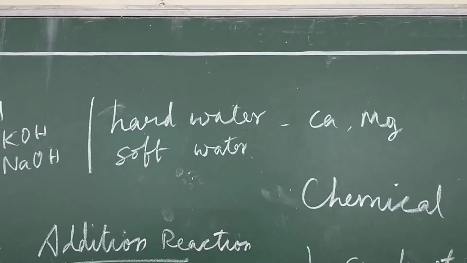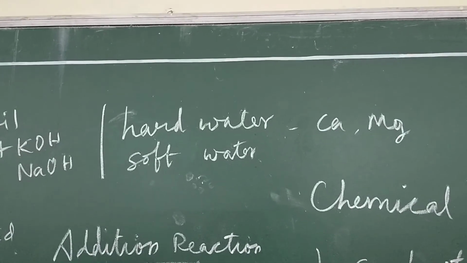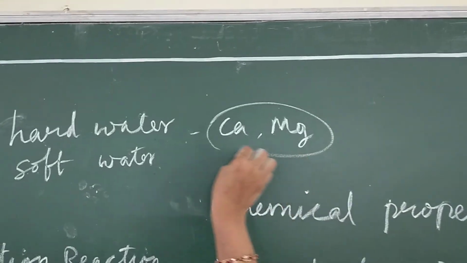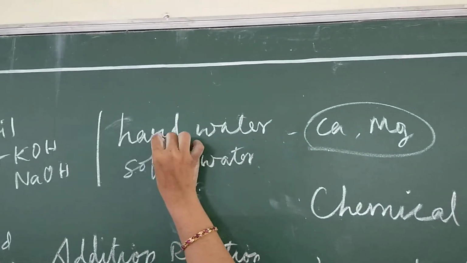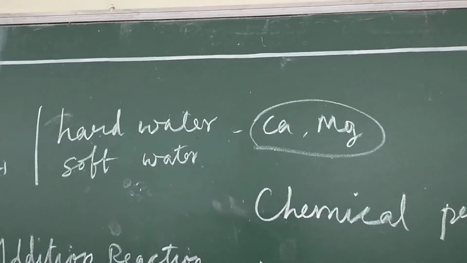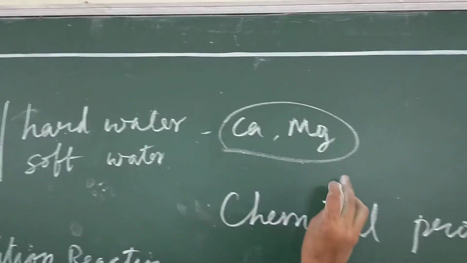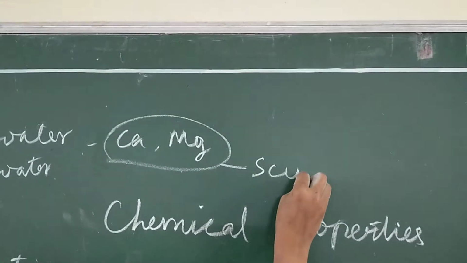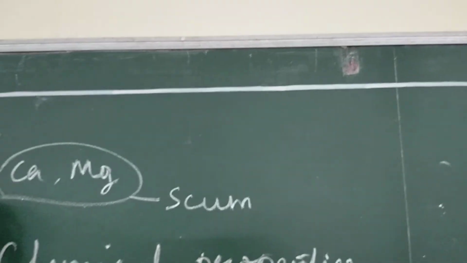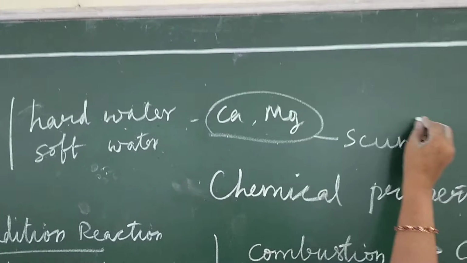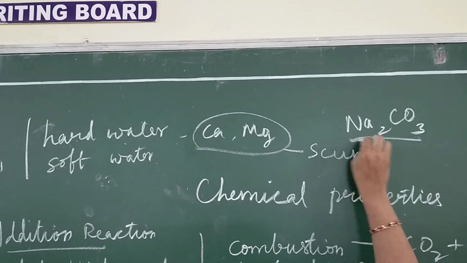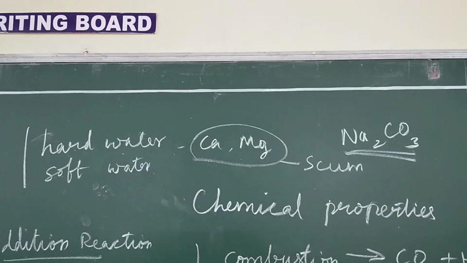So if you apply soap, soft water give more foam. If hard water contains calcium and magnesium, so that no lather will form. When you apply the soap, you will be getting some dirty precipitate, that is known as scum. To remove this hardness from this hard water, we are adding sodium carbonate.